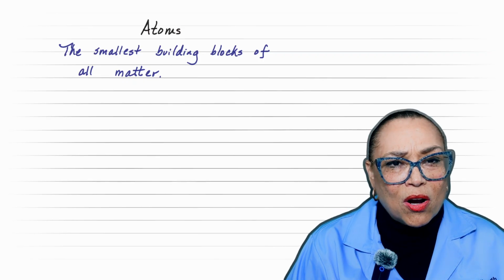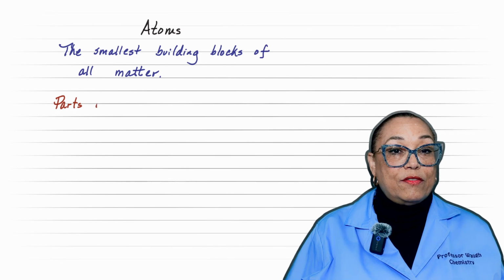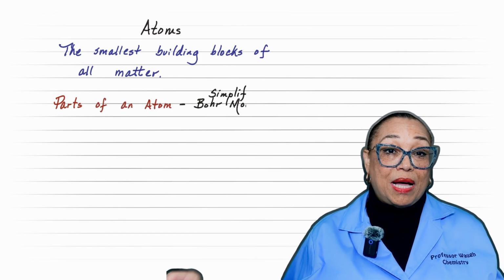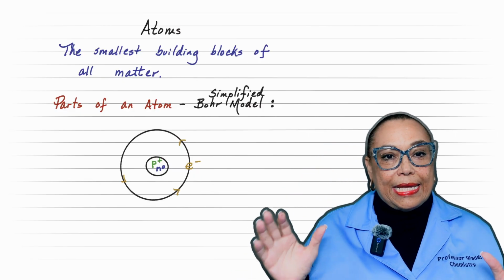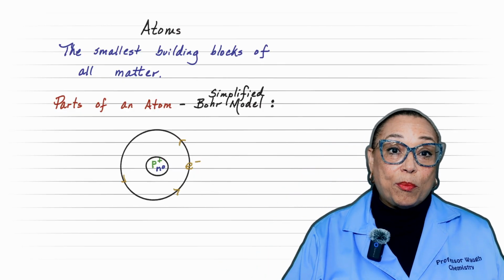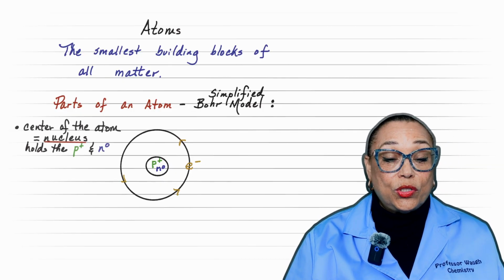Now, what are the parts of the atom? You have to know this. So I'm going to give you a simplified Bohr model. Bohr, B-O-H-R, was a man, and he actually received the Nobel Prize, and rightly so. The center of the atom is called the nucleus.